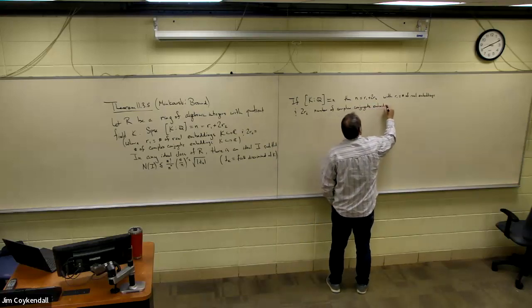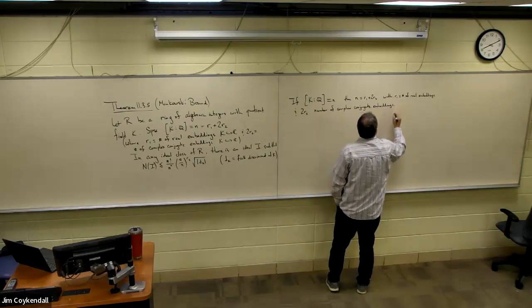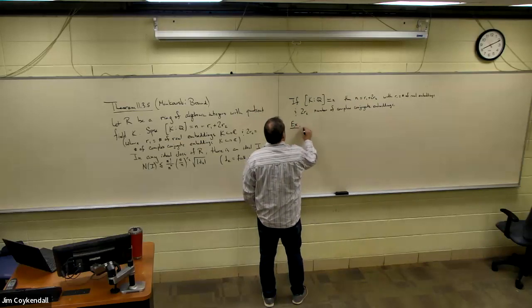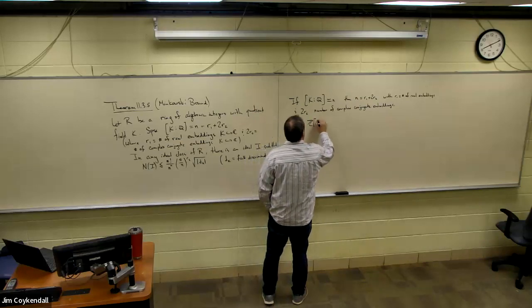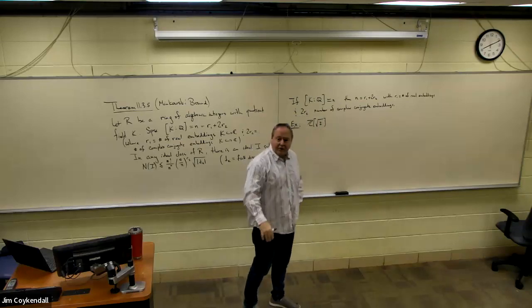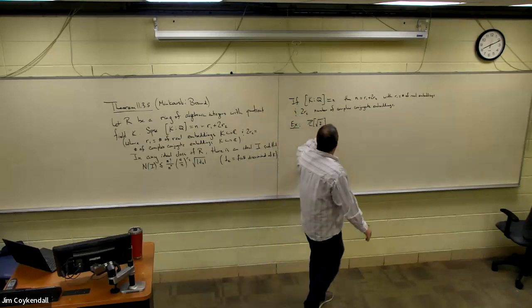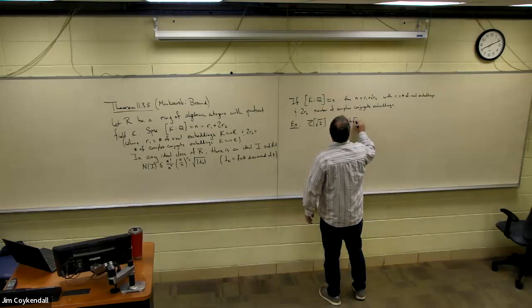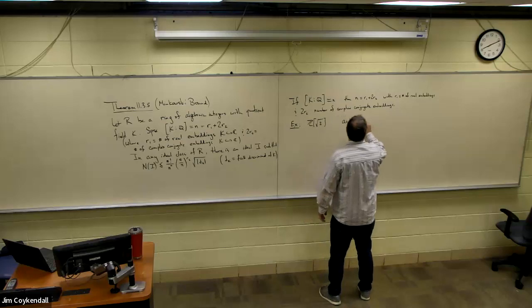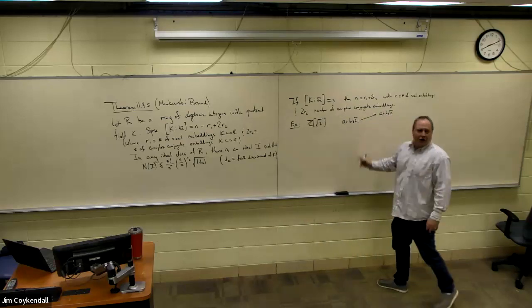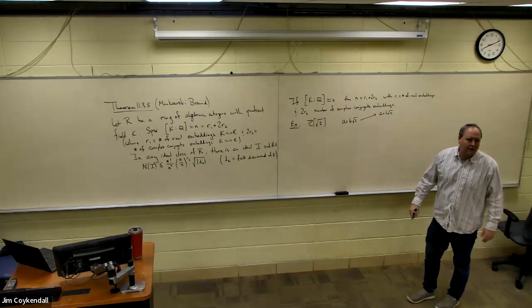For example, embeddings of this, there are two embeddings in this into complex numbers. No shocker there, that's the identity.